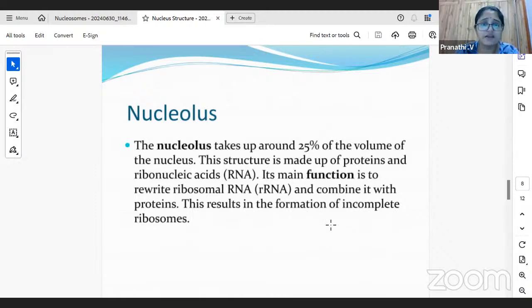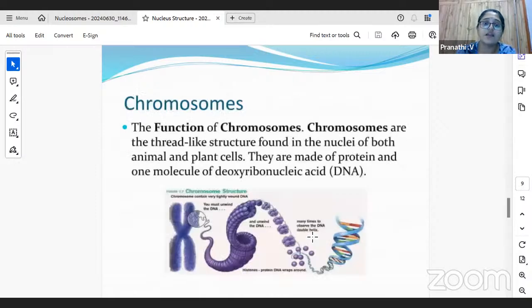Its main function is to transcribe the ribosomal RNA, and then it helps in protein synthesis. This results in incomplete ribosomes being synthesized. Now we have chromosomes inside the nucleus, and these chromosomes are made up of protein and DNA.